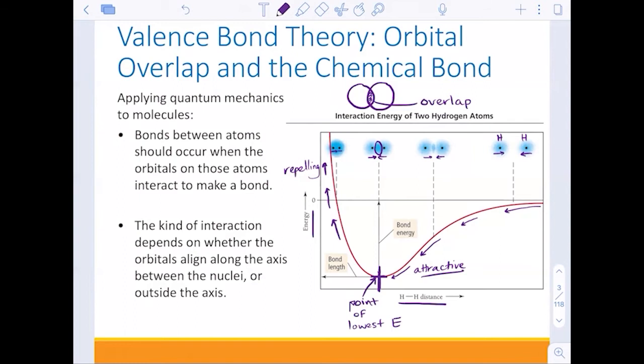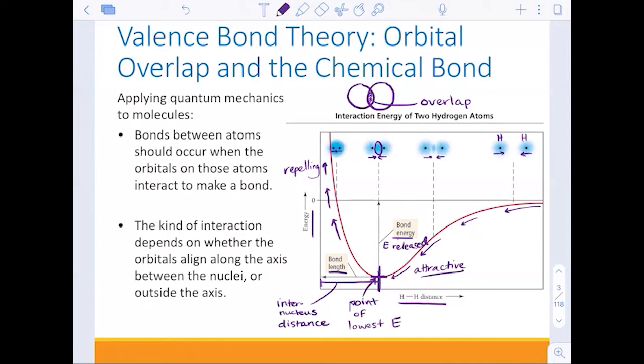This right here would be the internuclear distance between the two nuclei, or what we call the bond length. And up here is our energy released when the bond was formed, the bond energy. It's also the amount of energy required to break the bond.